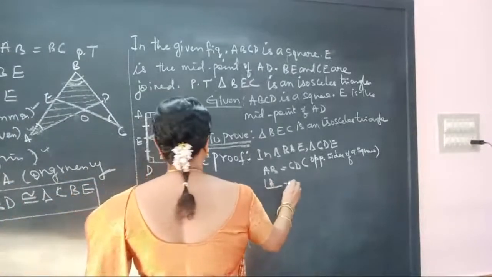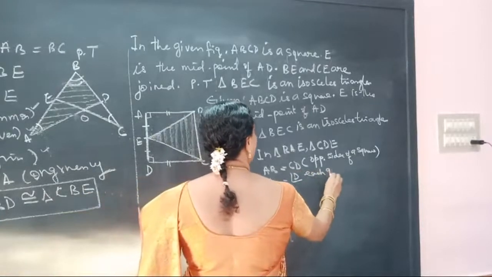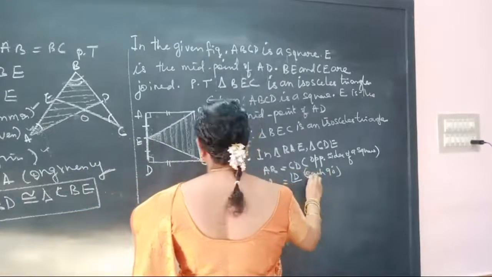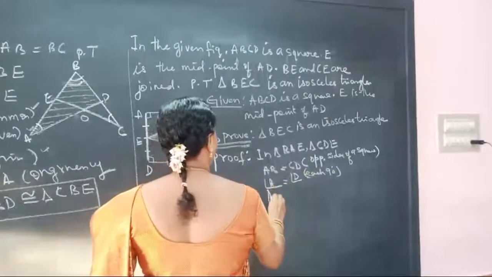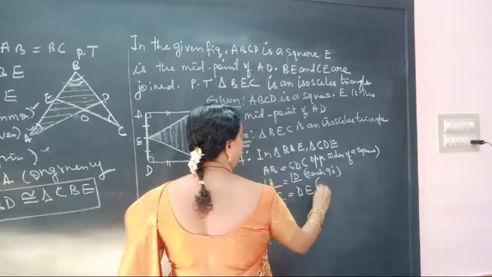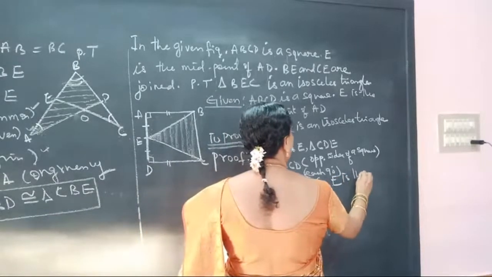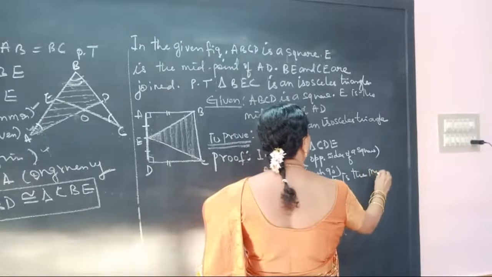Angle A equals angle D, each 90 degree. AE equals DE, since E is the midpoint.